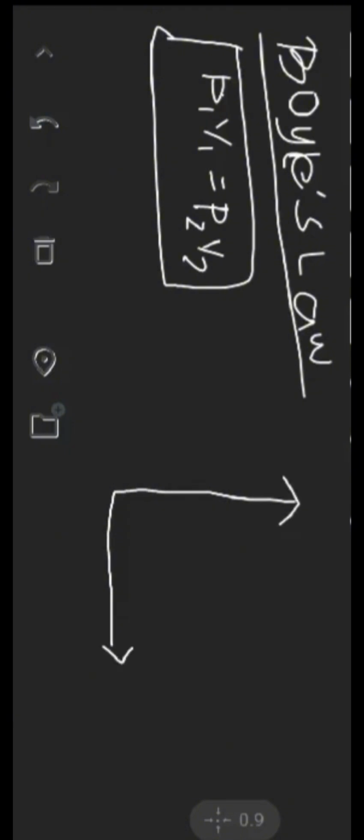Now, you need to know the shape of the graph that is associated with Boyle's law. So let's say if we plot pressure on the y-axis and volume on the x-axis, we know that as the volume increases, the pressure should decrease.